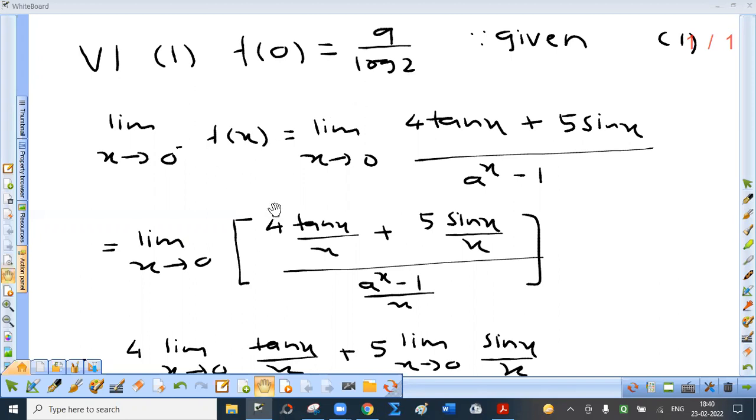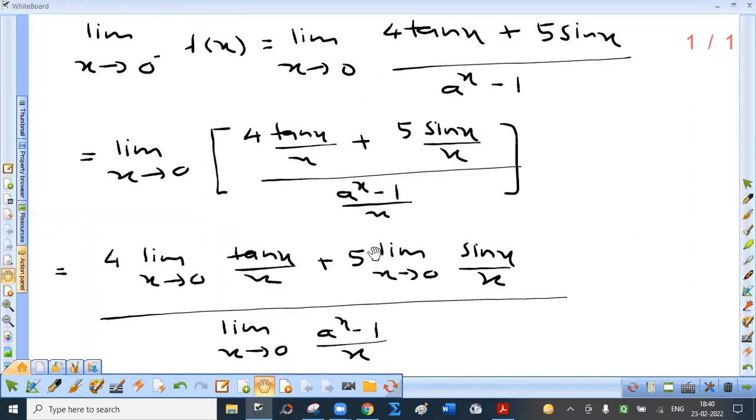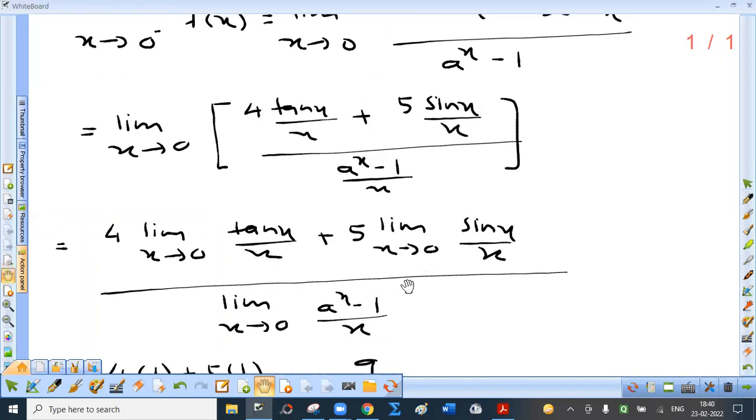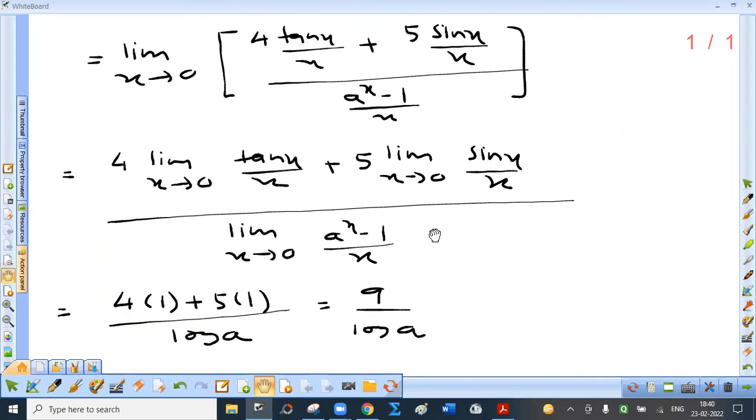Now let us find the left hand limit. Limit x tends to 0 minus. For that we have to select this function. Divide numerator and denominator by x. You have to mention the reason: x only tends to 0, not equal to 0. Now the limit of a quotient is the limit of the numerator upon the limit of the denominator and so on. All are standard limits.